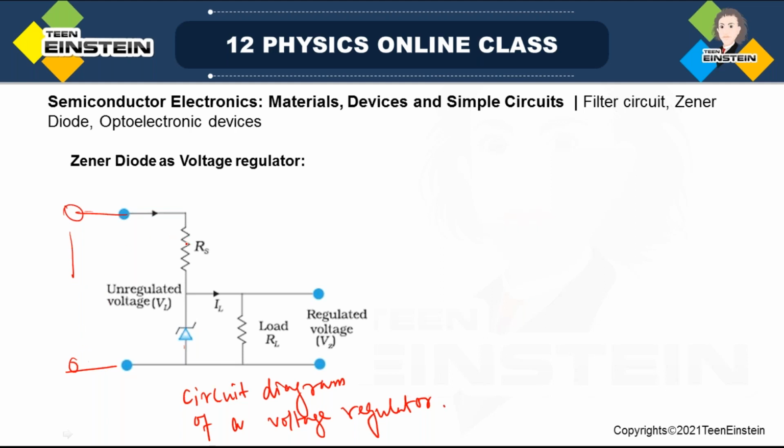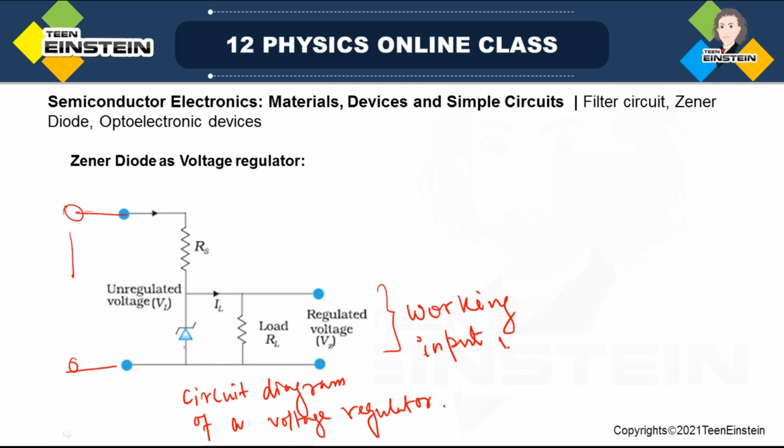Then a Zener diode is connected to this unregulated voltage supply along with a series resistor RS. And see what we do, we always take the voltage across the Zener diode as our working input voltage in any device.